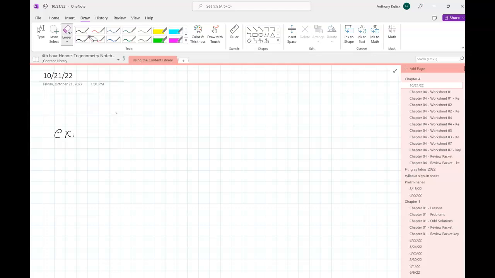Actually, before we do this, let's talk about some notation. So we have these inverse trig functions. I have theta is equal to sine inverse of x, and theta is equal to cosine inverse of x, and theta is equal to tan inverse of x.